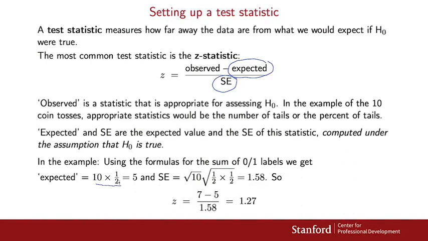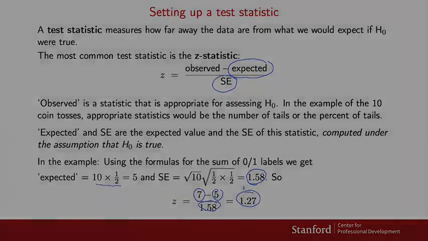And using the formula for the standard error, we get the standard error for the sum is 1.58. So our z-statistic becomes the observed sum, that is the number of tails, which is 7, minus the expected, which is 5, divided by the standard error, and that gives us a z-value of 1.27.